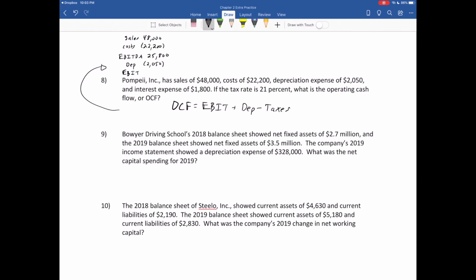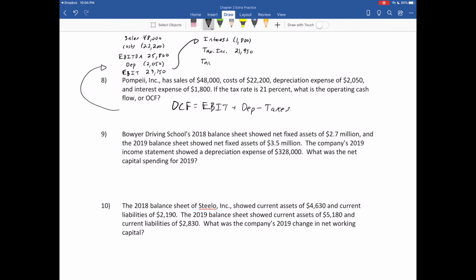That's hence how we get operating cash flow. Your EBIT then is $23,750. Then what we would do is deduct our interest expense. Our interest expense is $1,800. We get to our taxable income. Our taxable income then is $21,950.